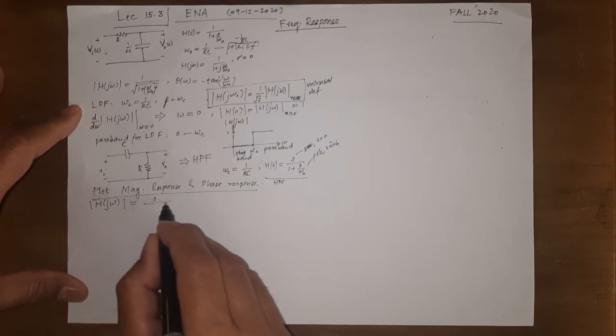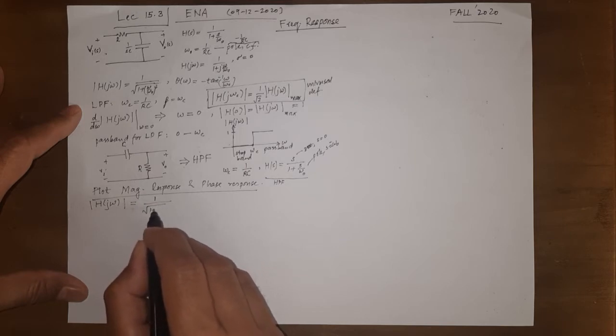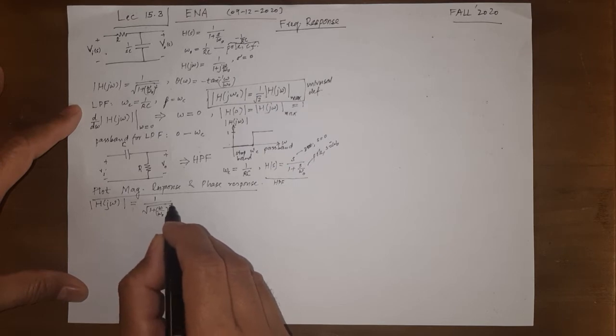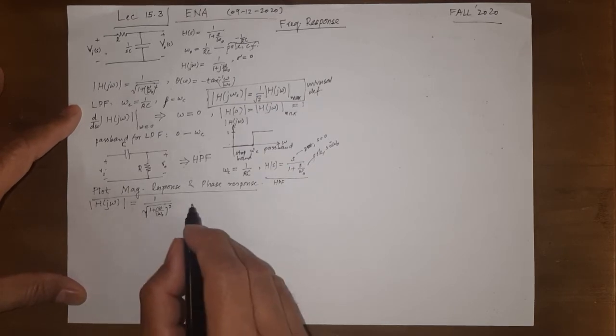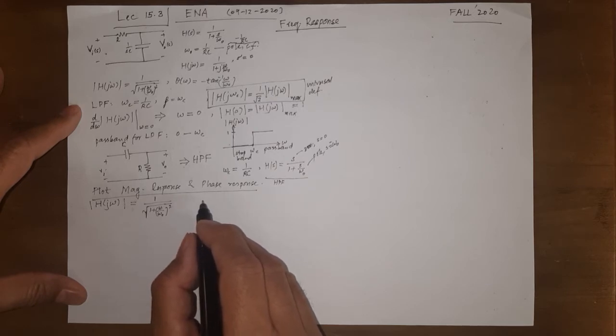So, 1 over square root of 1 plus (omega over omega naught) squared. This is to be plotted. So how would we plot this?